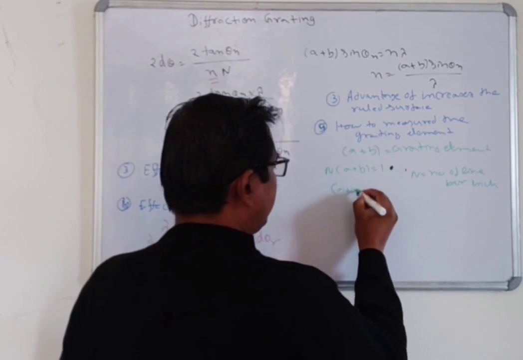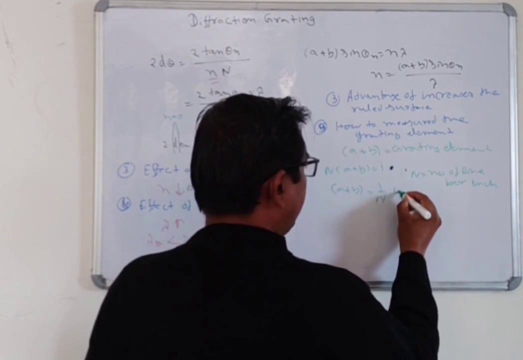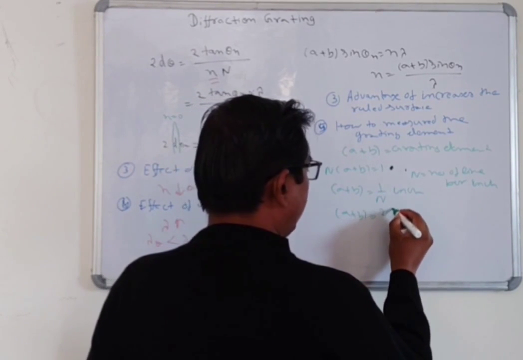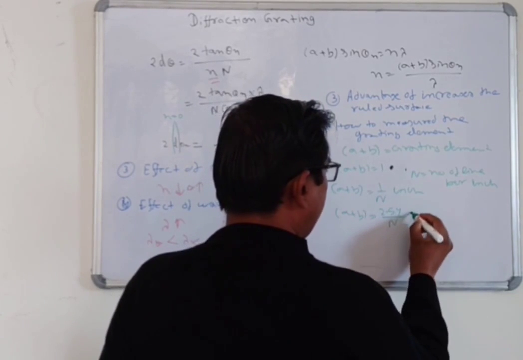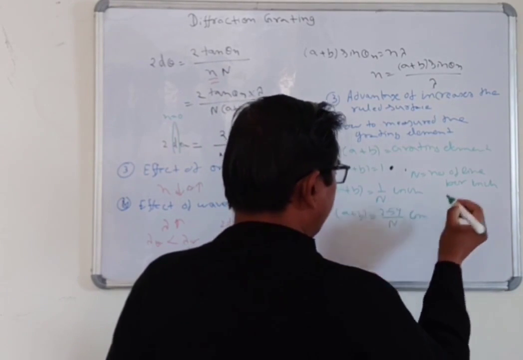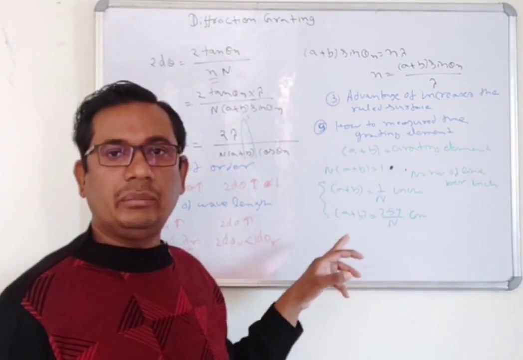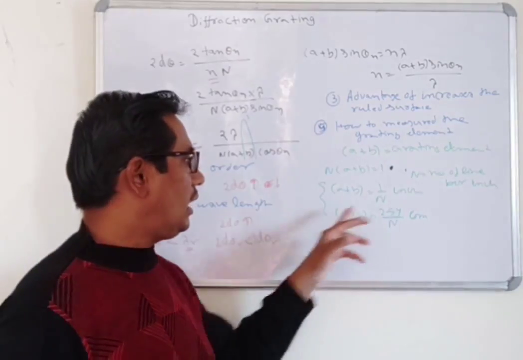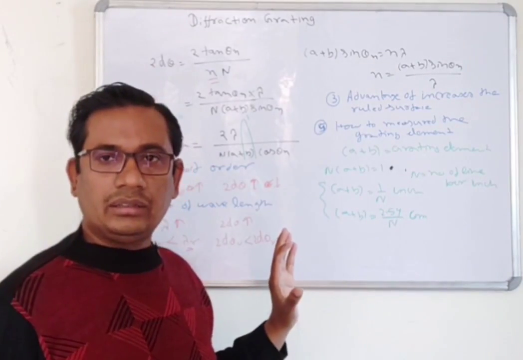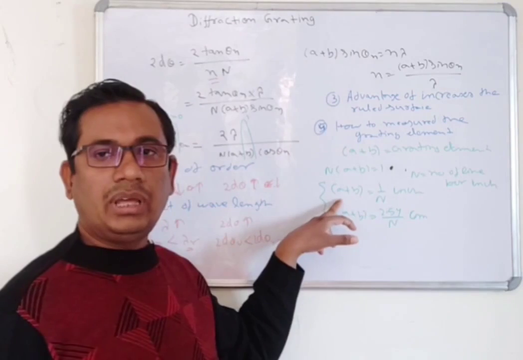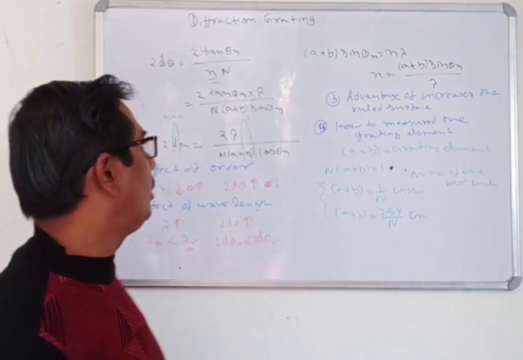The value of A plus B is 1 upon N in inches. In centimeters, A plus B is 2.54 upon N in centimeters. You can measure the value of the grating element like that. Here N is given on the grating, and from the grating you can calculate the value of the grating element.